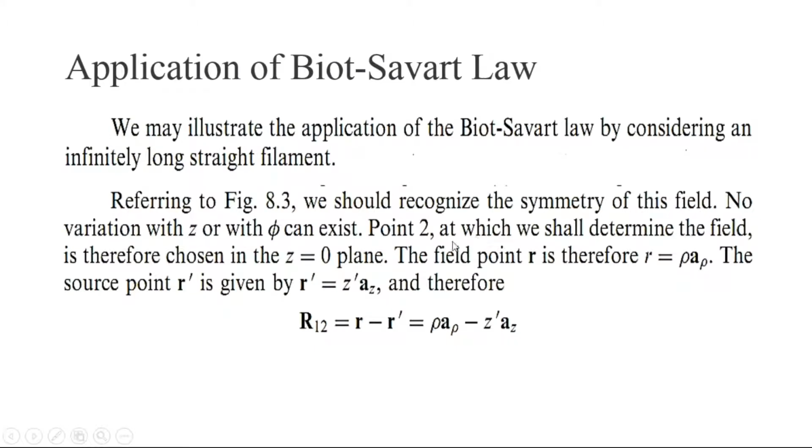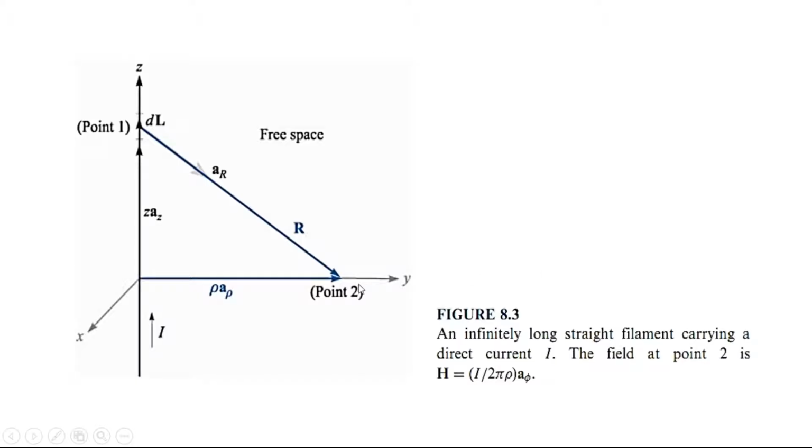Point 2, at which we shall determine the field, is therefore chosen in the z equals 0 plane. The field point vector is R, which is equal to rho a rho.